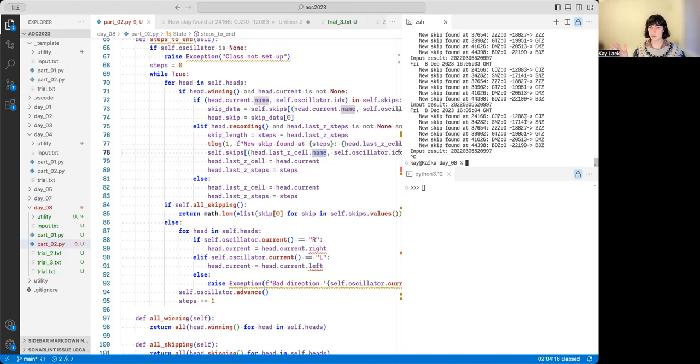no other ending cells. As it happens, there are a few things that allow us to jump to the solution. And this is my suspicion. I may be wrong at some of these things. So firstly, what you'll notice is that we encounter the ending cells always at the start or the end, depending on how you look at it, of the left, right, left, right, left, left, right sequence.